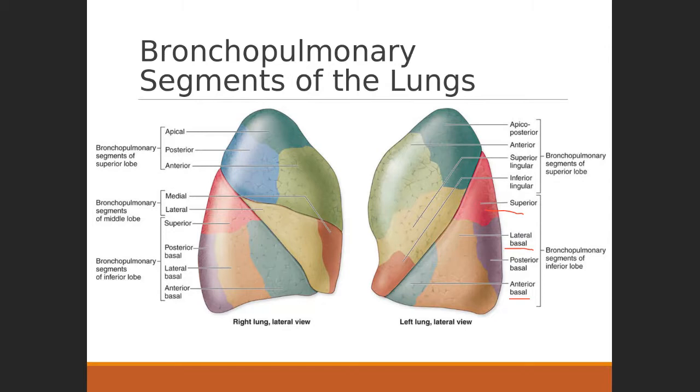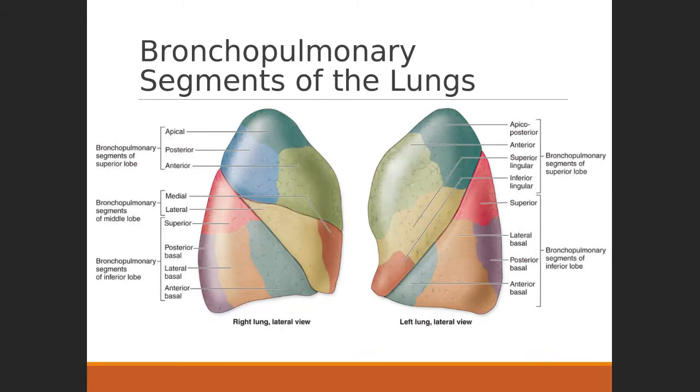But to get back to what we had earlier, remember, we would have had 2 primary bronchi because we had 2 lungs. We would have had 5 lobar bronchi, 3 going to the right lung, because we have 3 lobes in the right lung, 2 lobar bronchi going to the left lung because we have 2 lobes in the left lung.